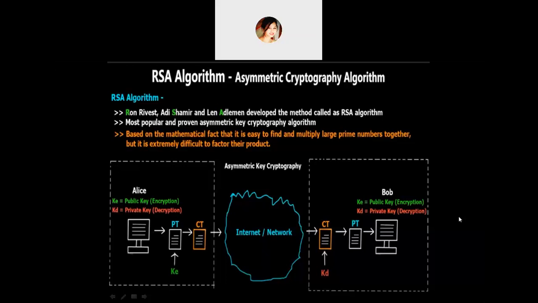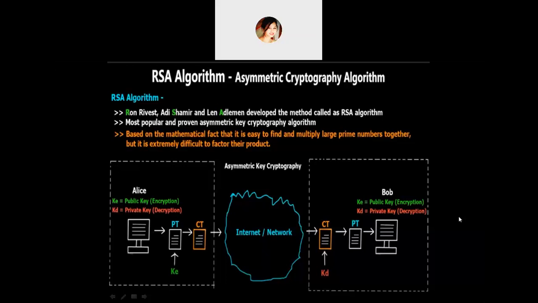Asymmetric cryptography is used for VPNs, that is virtual private networks. If I try to give an example of asymmetric cryptography, the biggest example for virtual private networks is the RSA protocol. When we are talking about RSA, we have three professors who constructed this algorithm: Ron Rivest, Adi Shamir and Leonard Adleman.